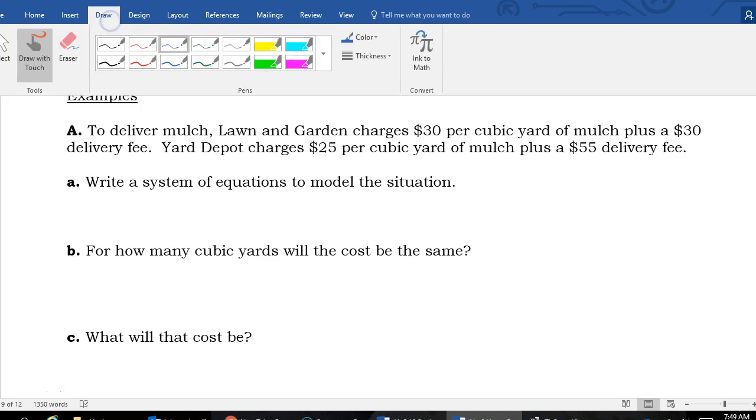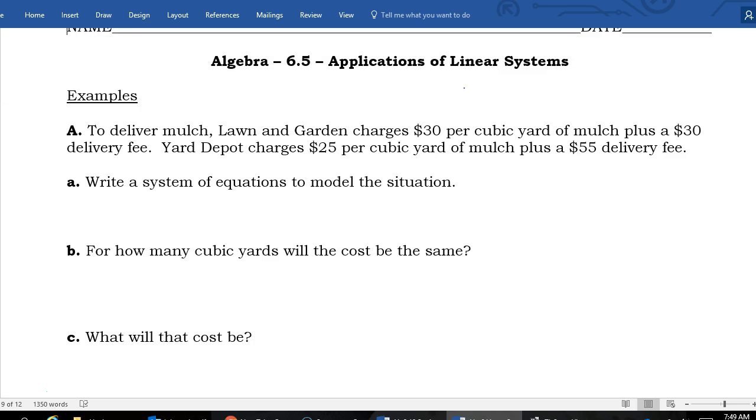Both of these, I can tell, are looking for y equals mx plus b, because it's giving me a rate of change and a standard constant amount. Another rate of change and another constant amount. So this is going to be my rate of change and my starting amount.